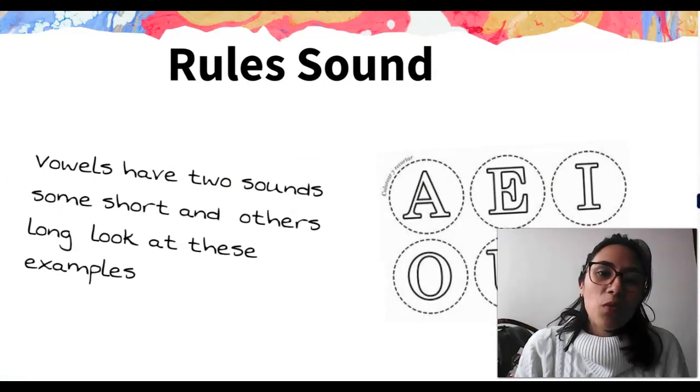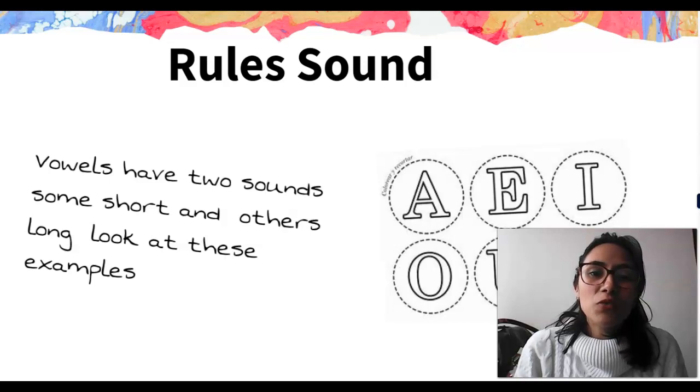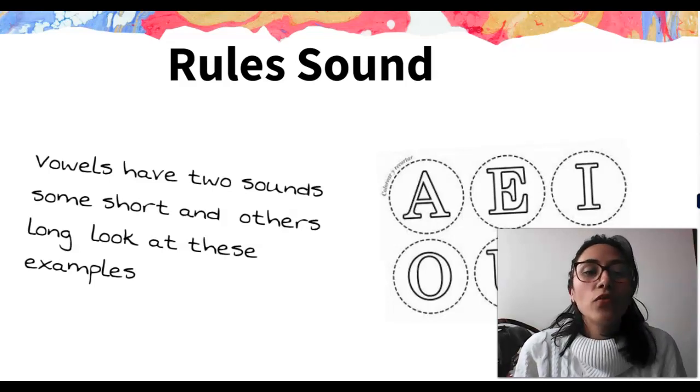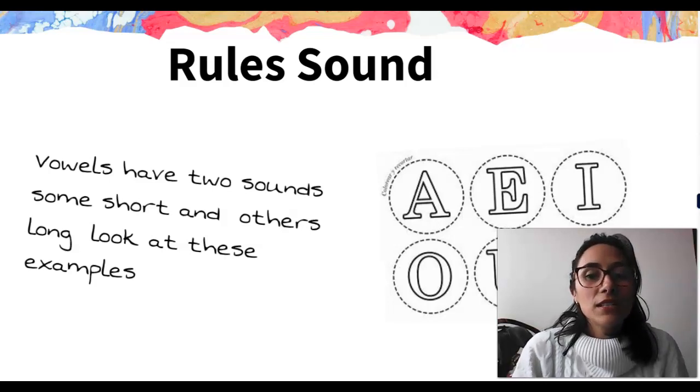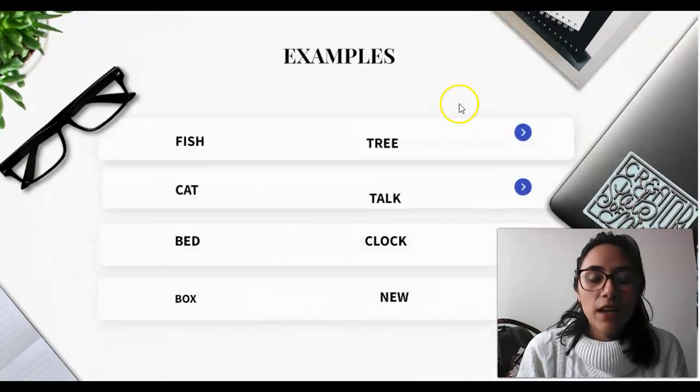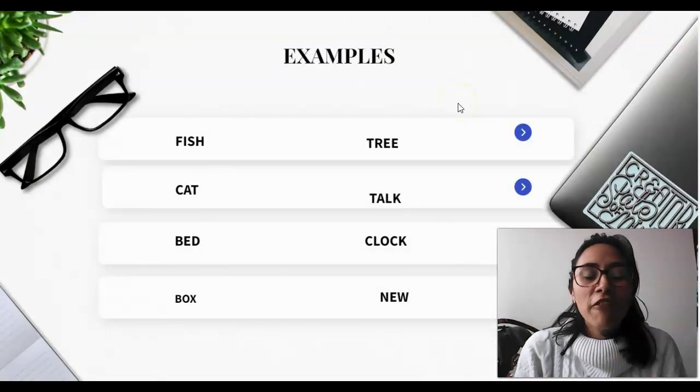What's the idea? Some rules are related to the vowels: A, E, O, I. Vowels have two sounds, some short and others long. Look at some examples. Here we have fish.